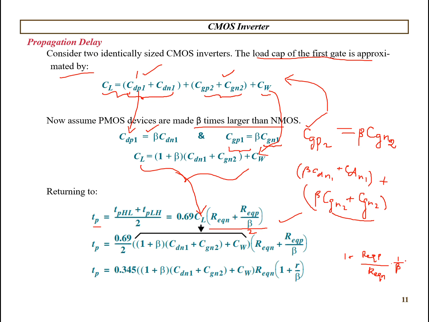If you are taking R equivalent N as common, you will get like this. So this R equivalent P divided by R equivalent N is your R. This represents the resistance ratio of identically sized PMOS and NMOS transistors.